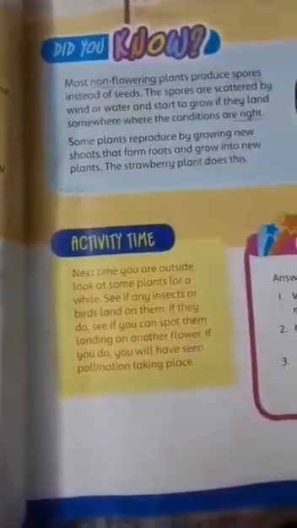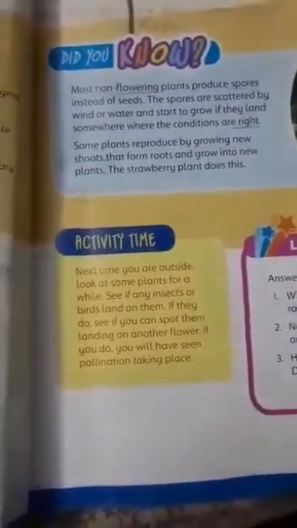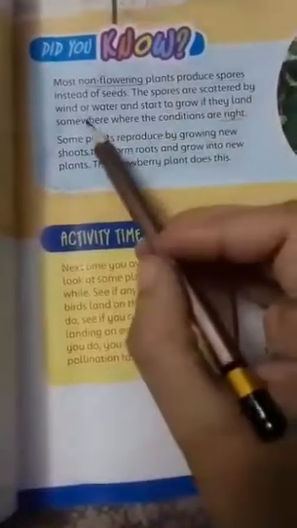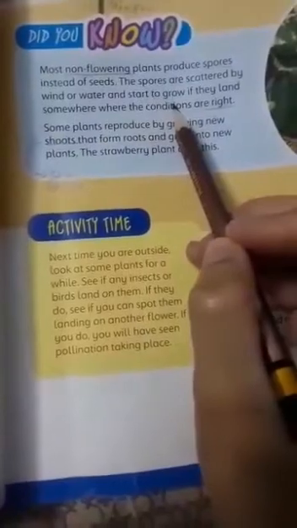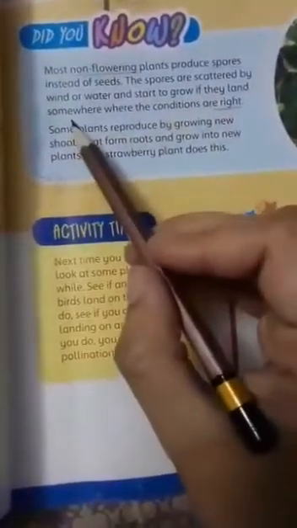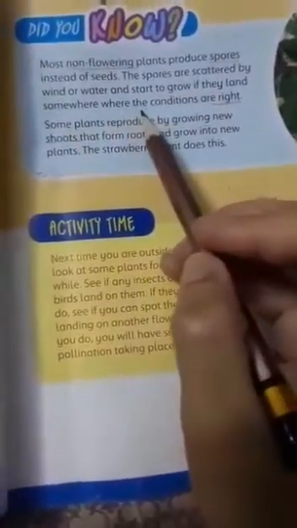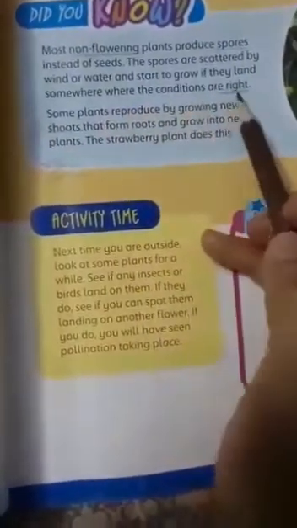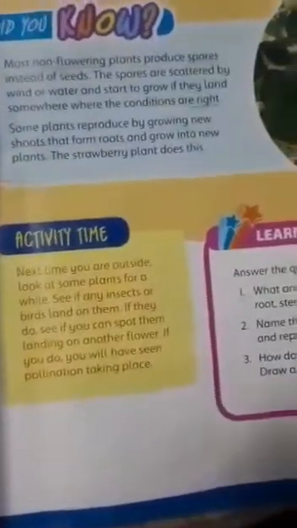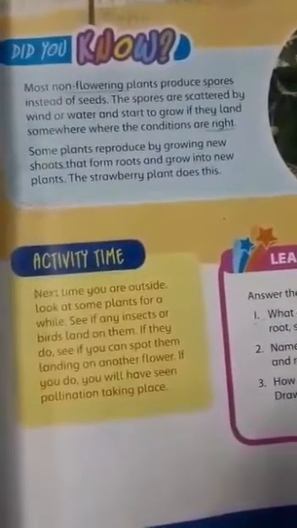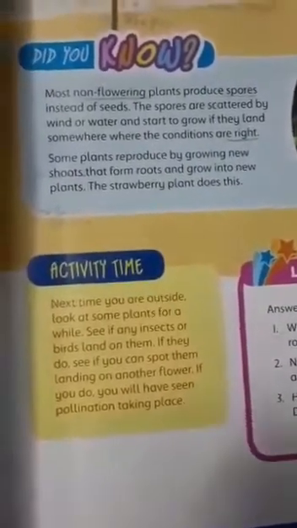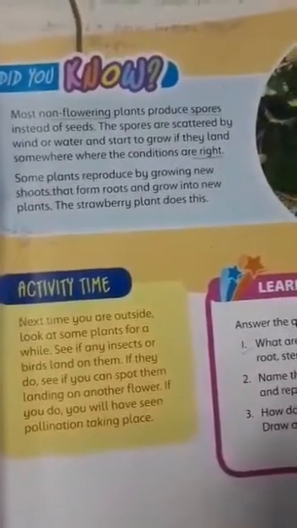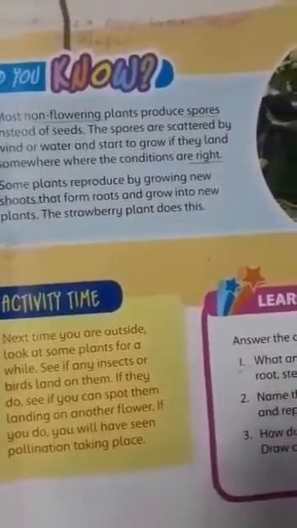The spores are scattered by wind or water, and if they land somewhere where the conditions are right, they start to grow.